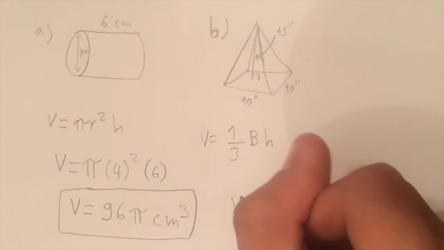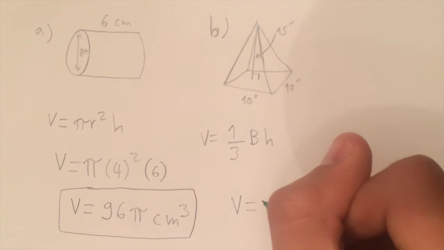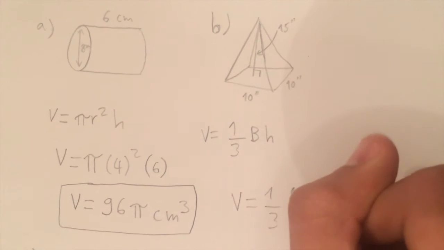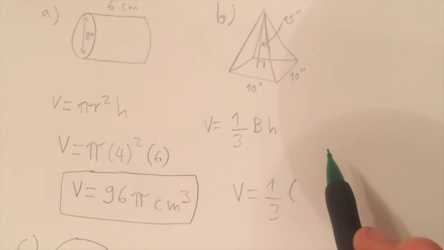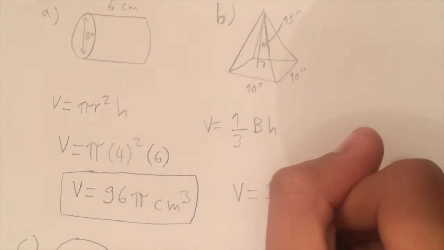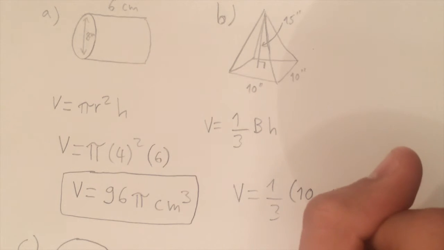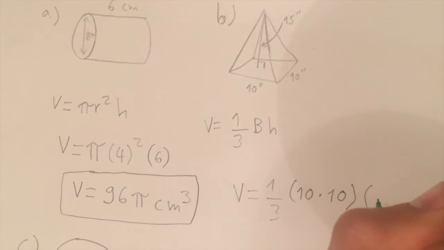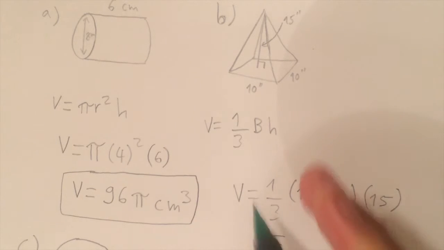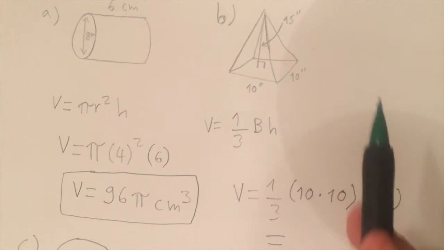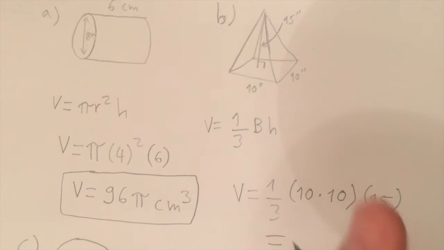So the volume will be 1/3 times the area of the base, which we said was 10 times 10, times the height, which we said was 15 units. And when you multiply that out, you will get that the volume of this pyramid is 500 inches cubed.